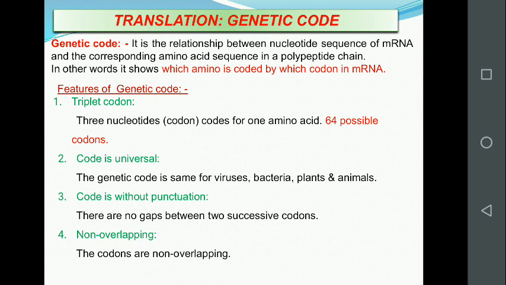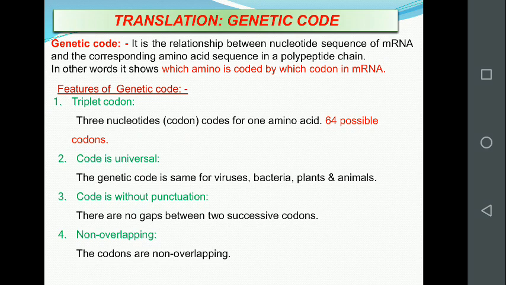Third, the code is without punctuation, so there are no gaps left between two successive codons. All nucleotides are read continuously, and the reading is non-overlapping.